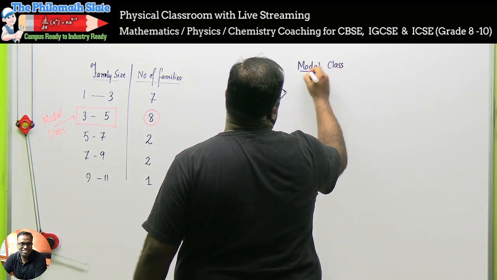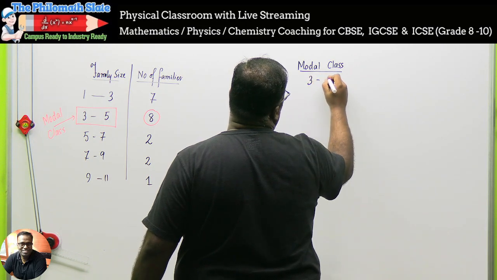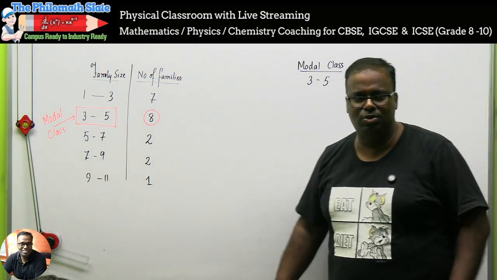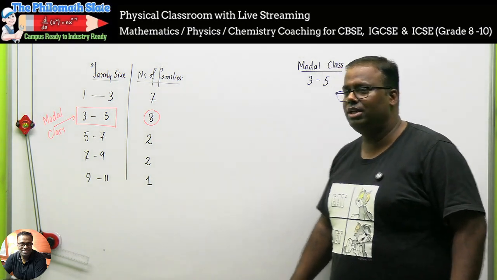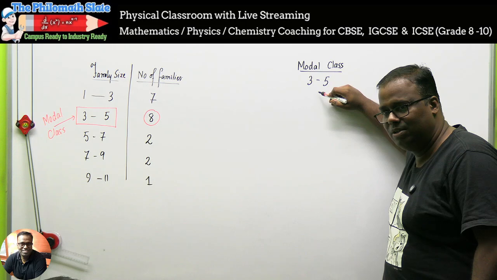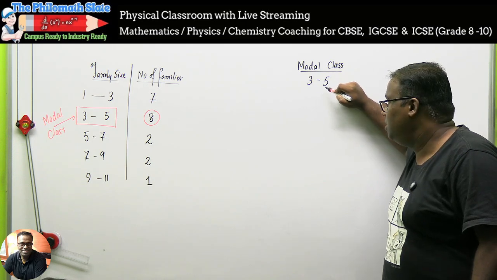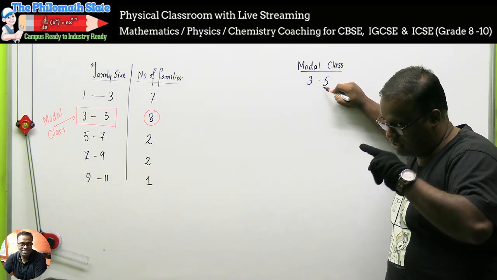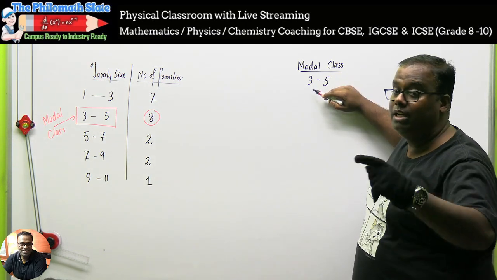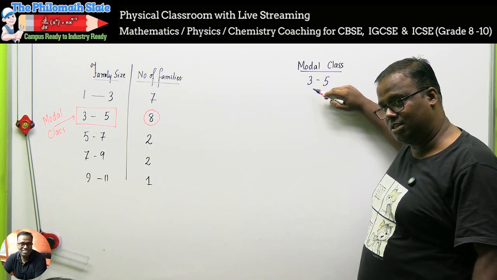Now apply common sense. Your modal class is from 3 to 5. Whatever is your mode, the final answer you will get, don't you think that answer has to lie between 3 and 5? Can it be equal to 5? Never, because it is continuous. Can it be equal to 3? Yes. Can it be more than 3? Yes.